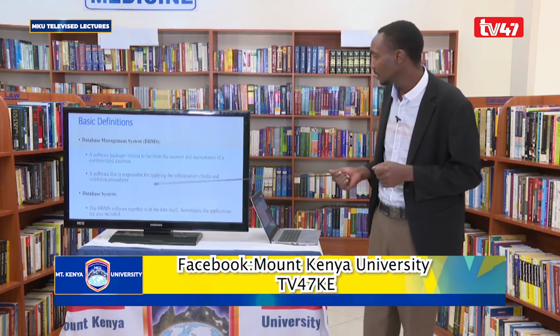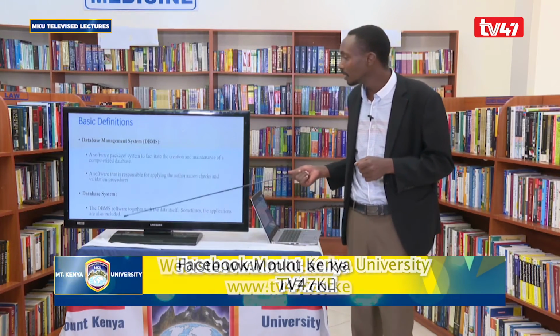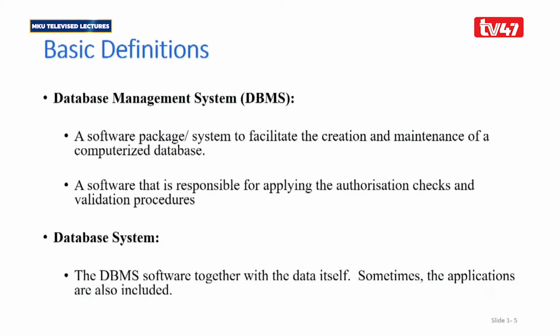So basically, a DBMS is responsible for other functionalities such as authorization and validation checks. For example, who logs in to this particular database, and so on. A DBMS will monitor all the transactions, all the activities, all the operations within a particular database. So it's very important to know the concepts behind the DBMS.